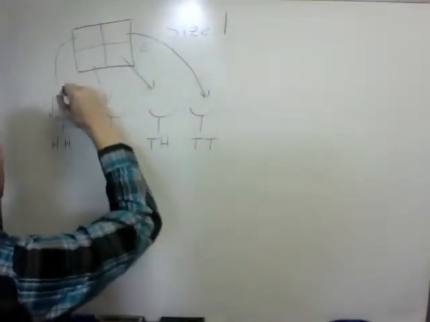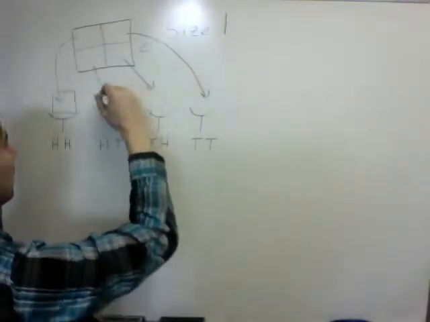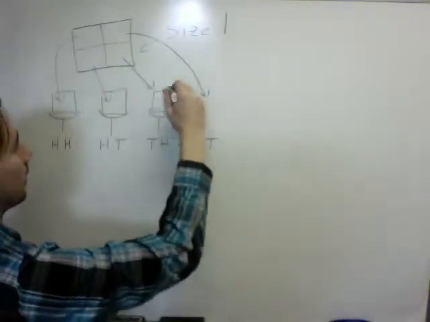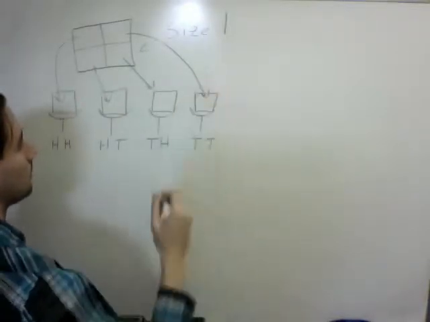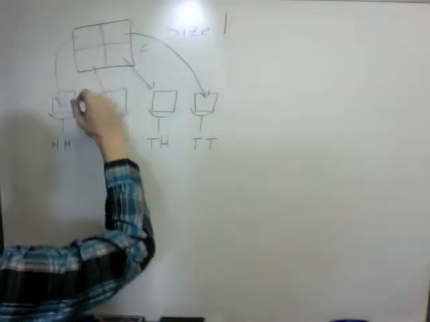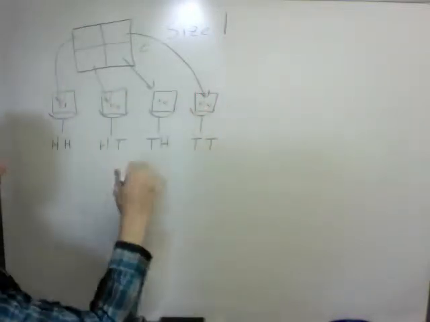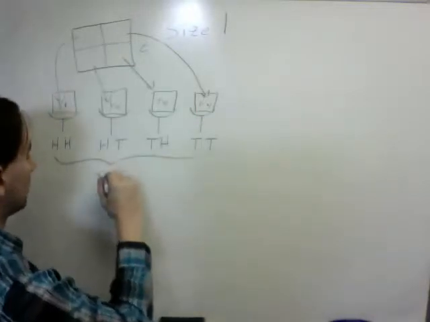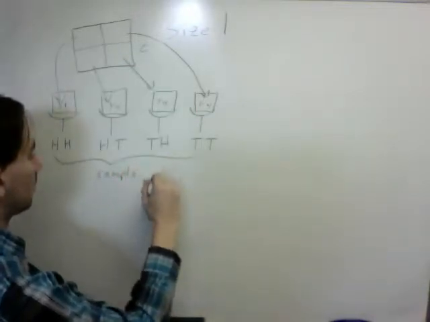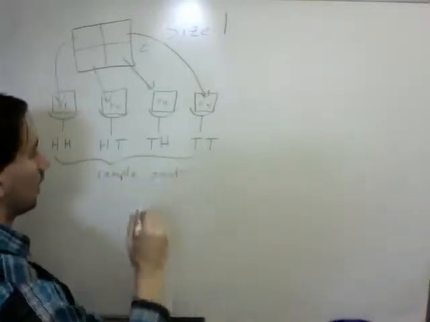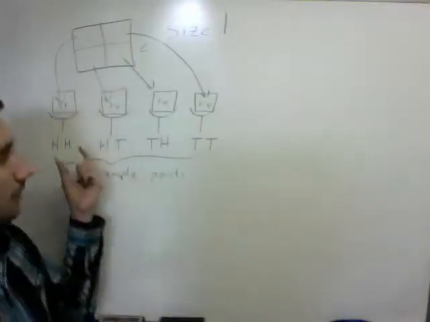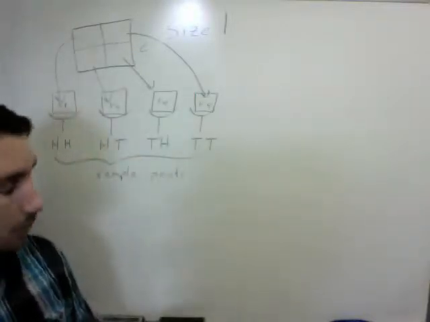So we end up getting these blocks of mass 1 over 4. So each of these blocks has size 1 over 4. And so we have these sample points, and in each sample point, we give a particular weight, which is our probability.